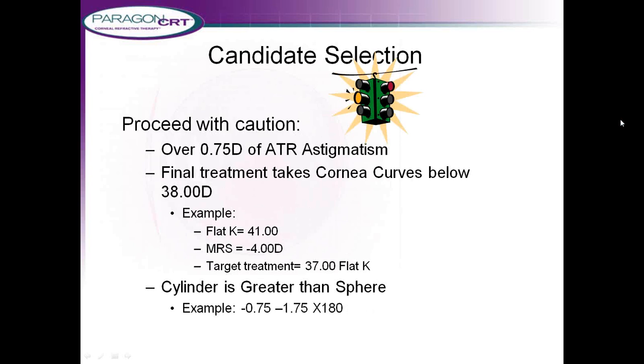A word of caution, please do not attempt patients that have over 0.75 diopters of against the rule astigmatism. Another good tip is that when calculating the manifest refraction sphere and the flat K, by subtracting the amount of myopia from the flat K reading, if it takes you below 38 diopters, this would be a patient that you would be hesitant to fit.